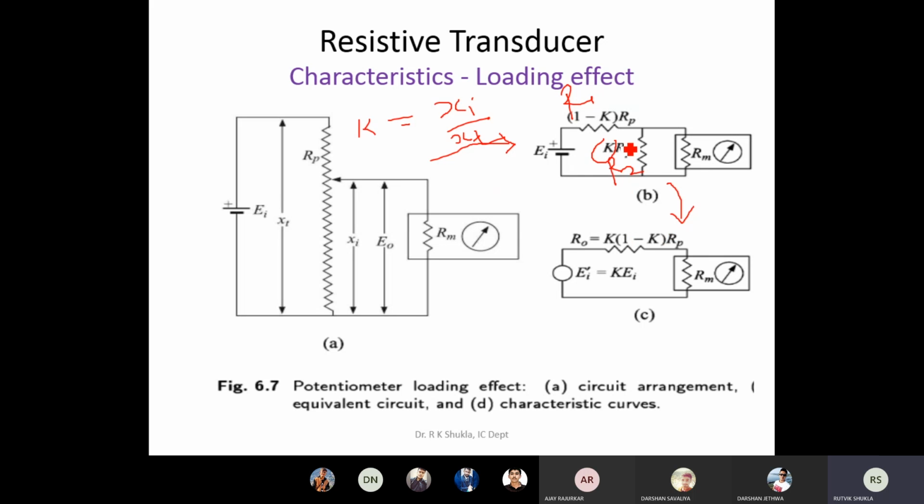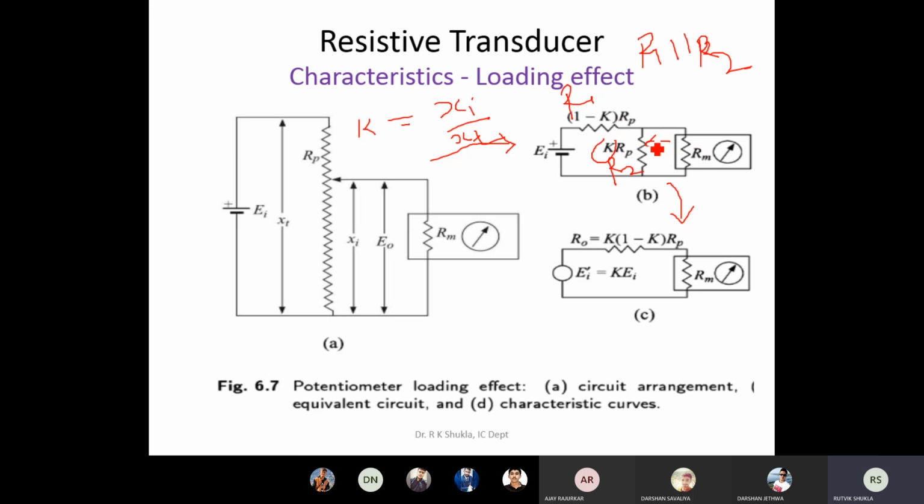In order to reduce this circuit, what I am going to do is, if you look from this side, what you can see is 1 minus KRP and KRP, that is R1 and R2, both the resistances look parallel. R1 is in parallel with R2.